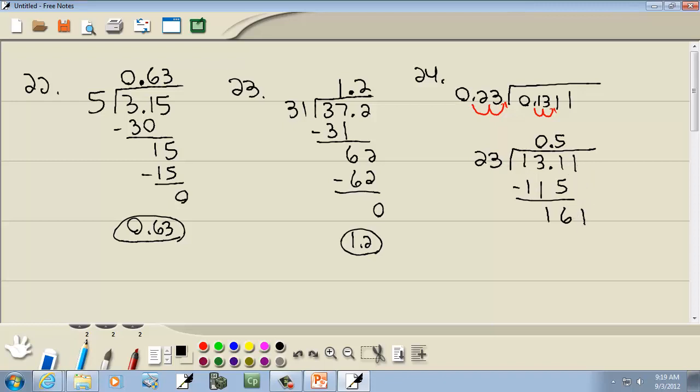And 23 goes into 161 7 times, I think. 7 times 3 is 21. 1, carry the 2. 14, 16, yeah. Then subtract that, and we get a 0. So our answer to this problem is 0.57.